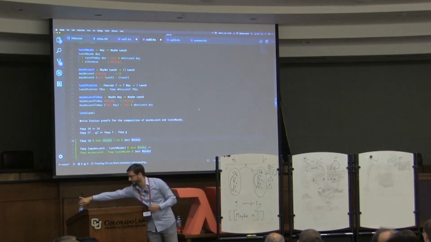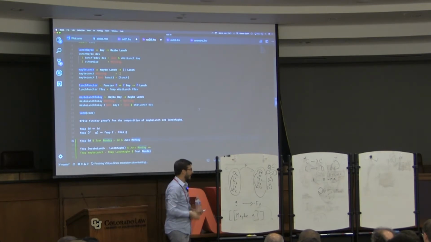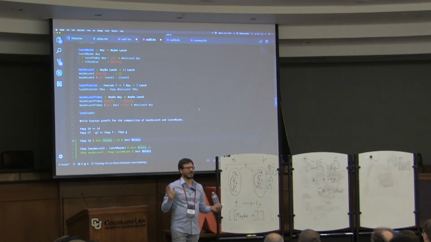Are functors always bijective? I don't think any arrows are always anything. Unless someone else wants to respond to that. I don't think you can say any arrow is always.